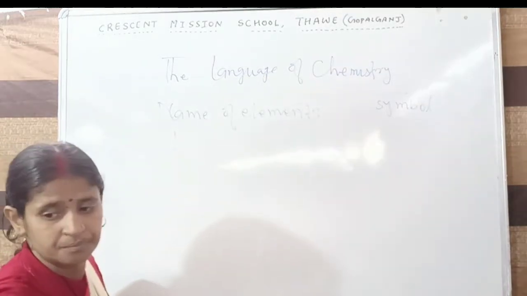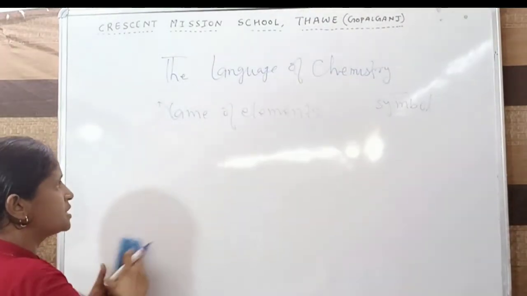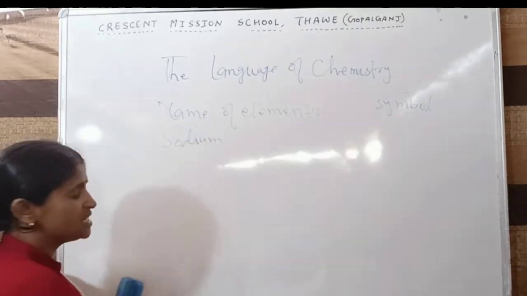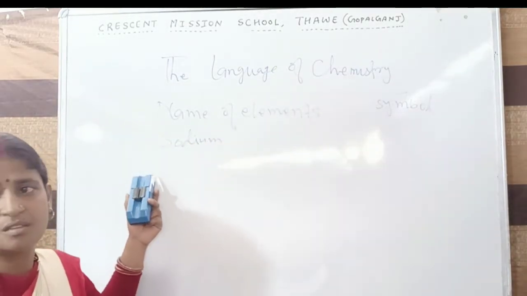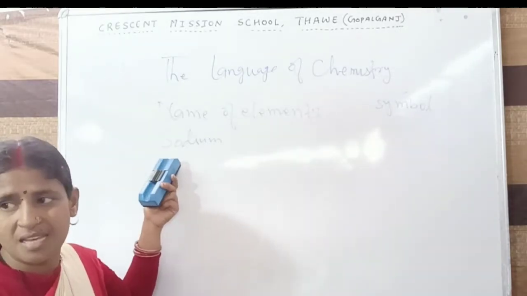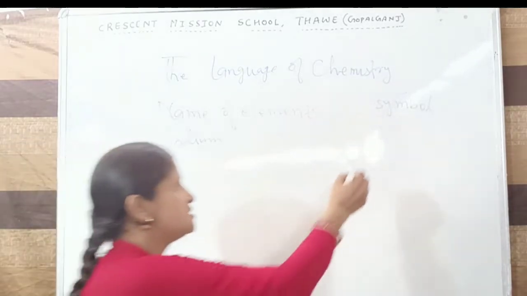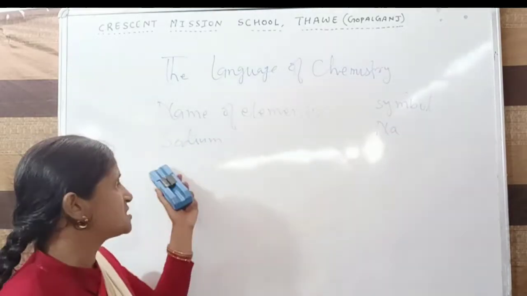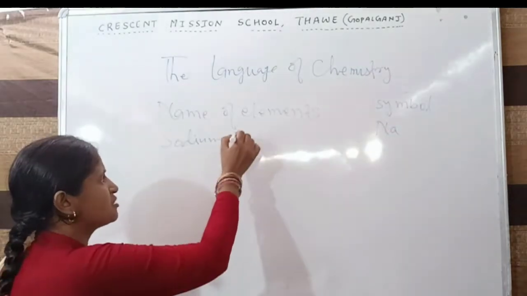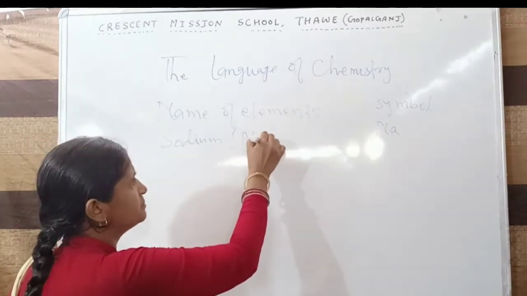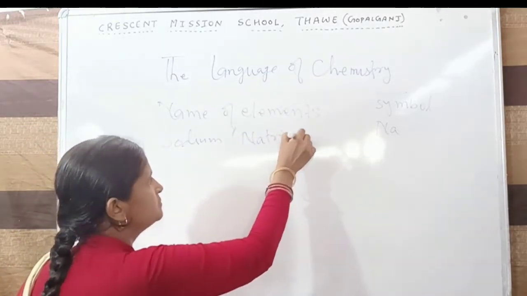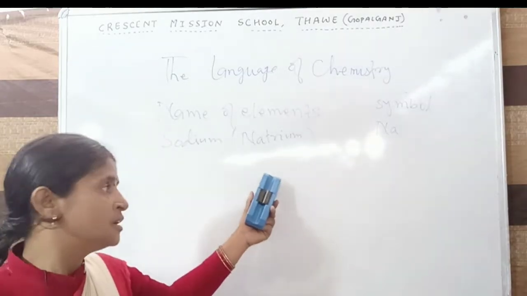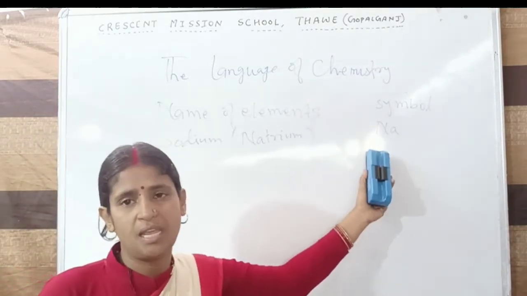Sodium is also an element, and its first letter is S, but its symbol is Na, not S, because its symbol is on the basis of its Latin name natrium. The Latin name of sodium is natrium. Due to it, its symbol is Na, not S.